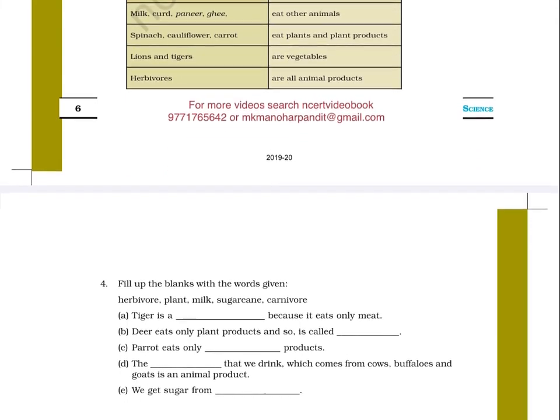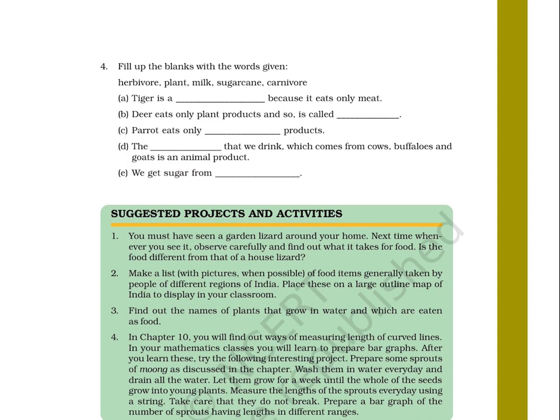4. Fill up the blanks with the words given: herbivore, plant, milk, sugarcane, carnivore. A. Tiger is a blank because it eats only meat. B. Deer eats only plant products and so is called blank.